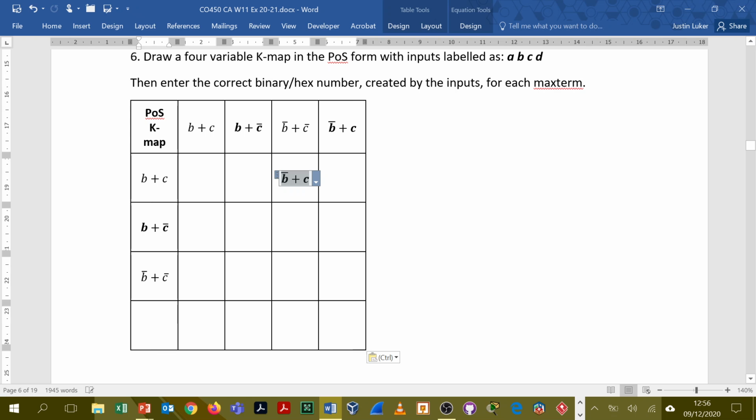So let me just attempt to get my equations sorted out. Right. Okay, so we've got the equation holders there, which is what I wanted.